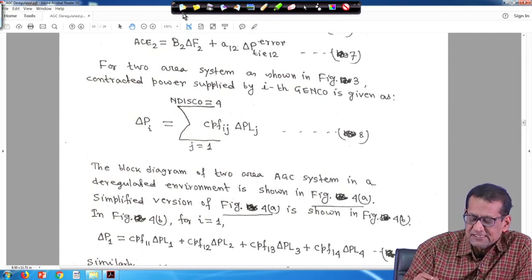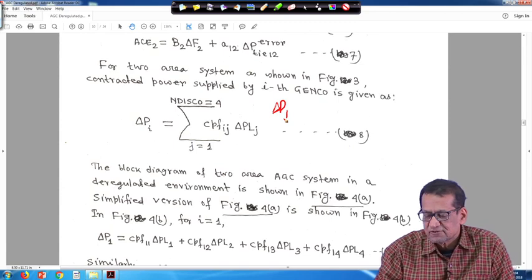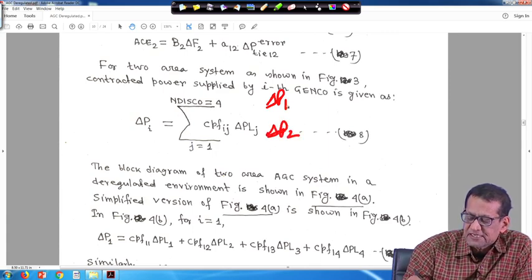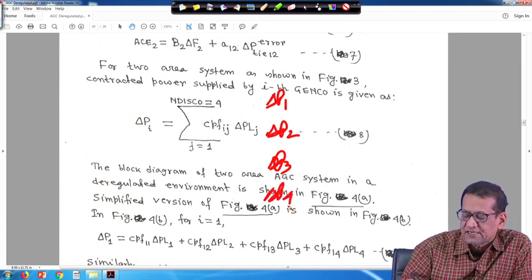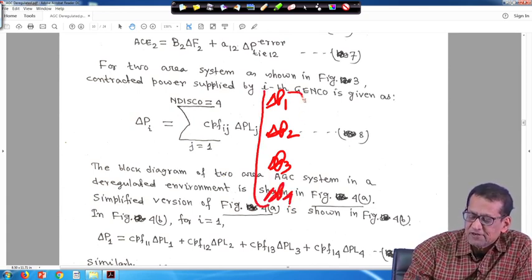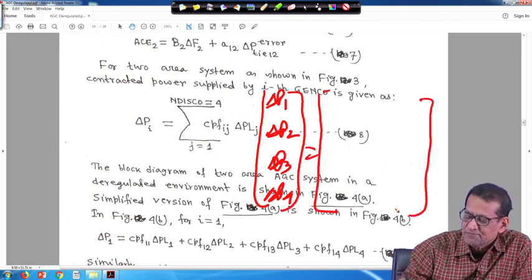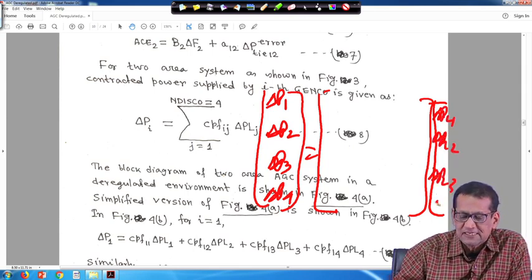In general, for better understanding, I am overwriting here. Suppose this is delta PL1, delta PL2, delta PL3, delta PL4. Due to space problems I am making the CPF matrix here.